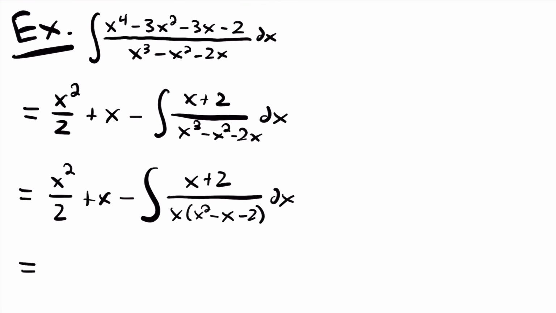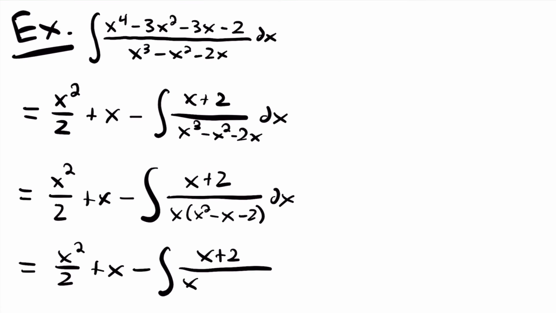And so this will be equal to x squared divided by 2 plus x minus the integral of x plus 2 divided by x times x minus 2 times x plus 1. All right, so that is the factorization of this quadratic. Negative 2 times 1 is negative 2, and negative 2 plus 1 is negative 1.